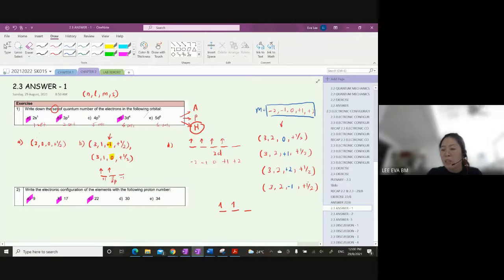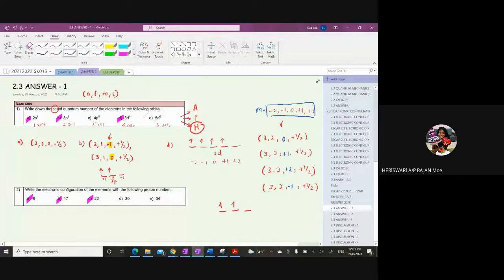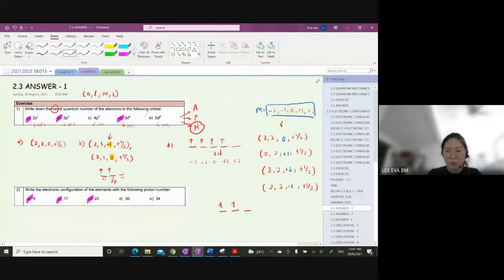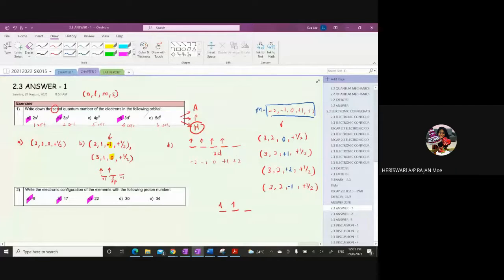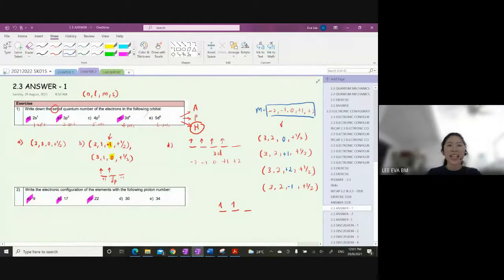But the spin I will put the same first, because we obey Hund's rule. You get me, Harris? So basically it is about the spin, not the orbital. The orbital can be changed, but the spin should be the same, because they are at the same energy level. So even if I reshuffle, no problem. Oh, okay. Thank you, clear now. No problem.